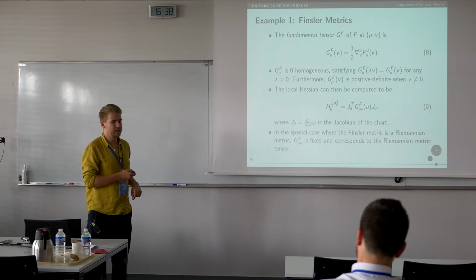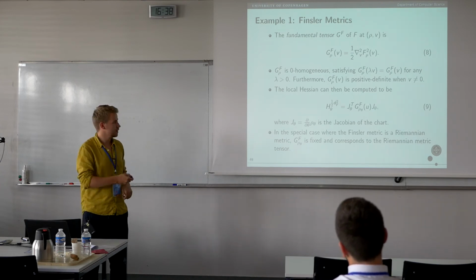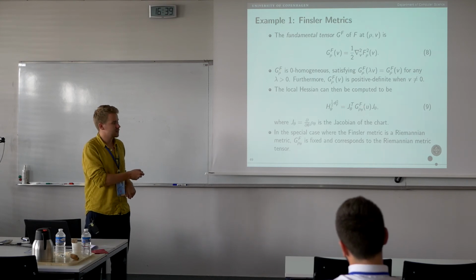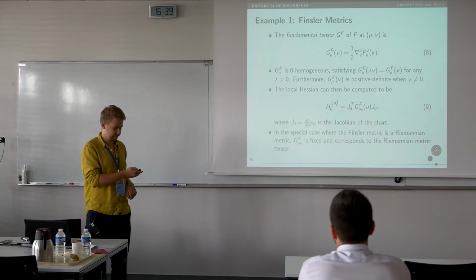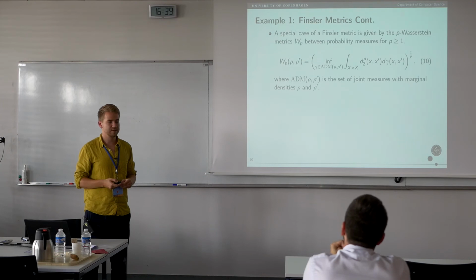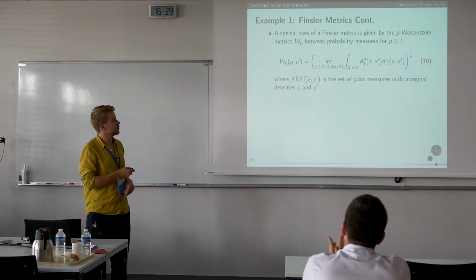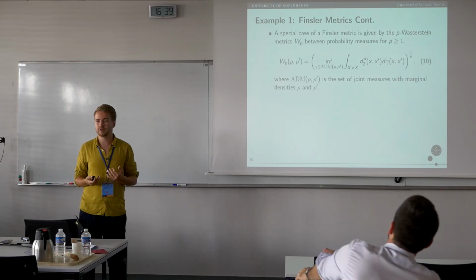And if the Finsler metric is just a Riemannian metric, then this fundamental tensor here will just be your Riemannian metric tensor. A nice special case of Finslerian metrics is given by the p-Wasserstein metrics defined on the manifold of probability measures.